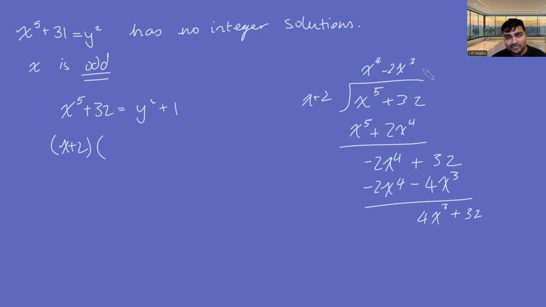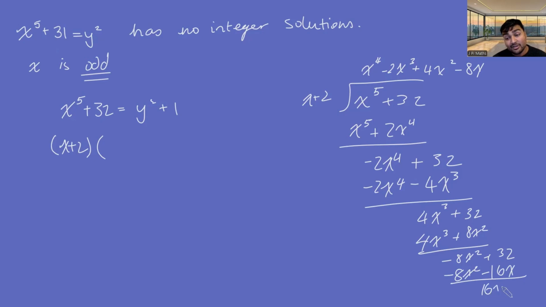So up here I'm going to get plus 4x^2. So 4x^3 then plus 8x^2 is going to give me -8x^2 + 32. So it's going to give me a -8x there, and then bringing that here gives me -8x^2 - 16x, and then subtracting those gives me 16x + 32, so plus 16 there, and then 16 times (x + 2) gives me 16x + 32, and those will cancel.